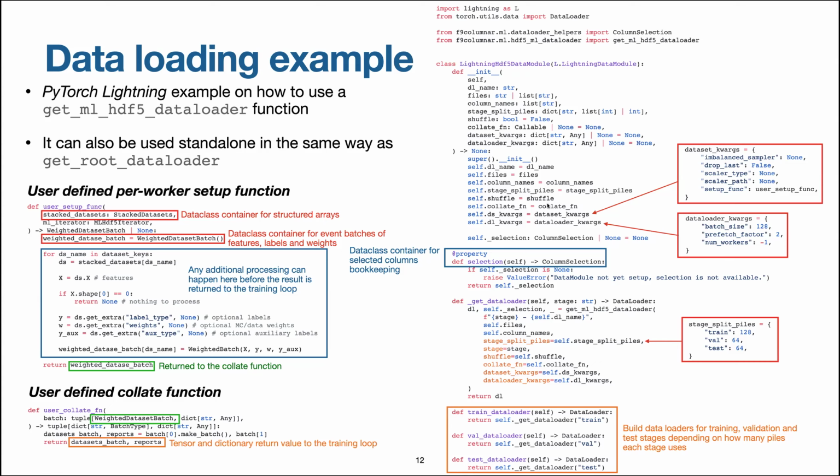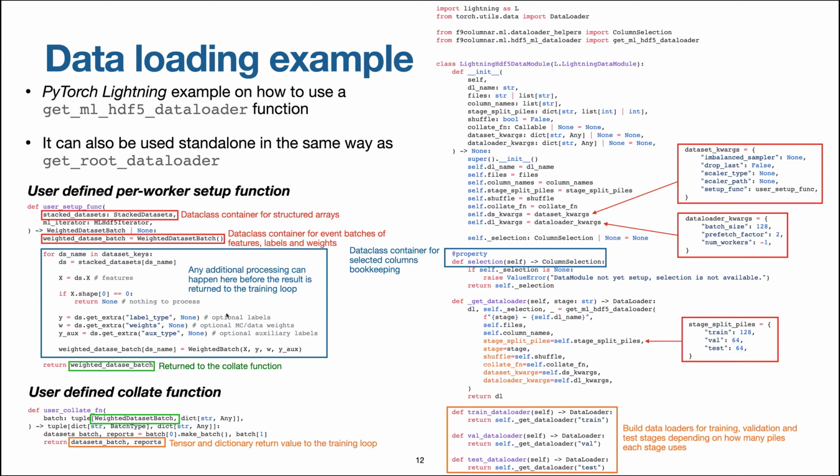Basically import it, and you make train data loaders, validation data loaders, and test data loaders. And the nice thing behind this is if you have a predefined number of files, you can then naturally define how your training, validation, and test split look like by simply specifying how many files or HDF5 files you want to use in each stage.